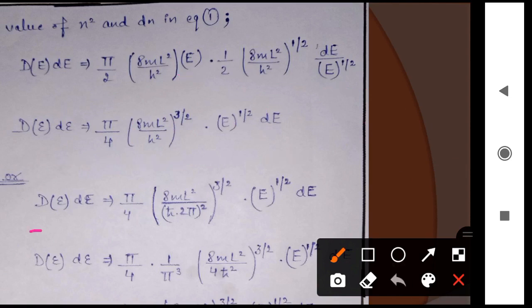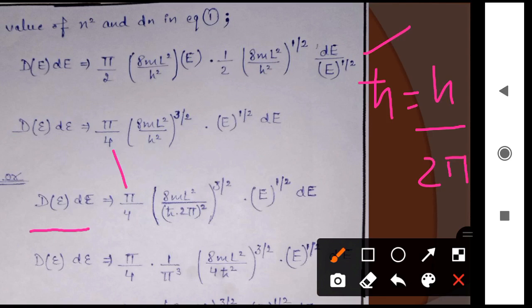D of E into dE is equal to pi by 4 (8 m L square by h cross square into 4 pi square). We know that h cross is equal to h by 2 pi. h cross is the reduced Planck constant and h is the Planck constant. I just put the value of h square here, everything else is the same.